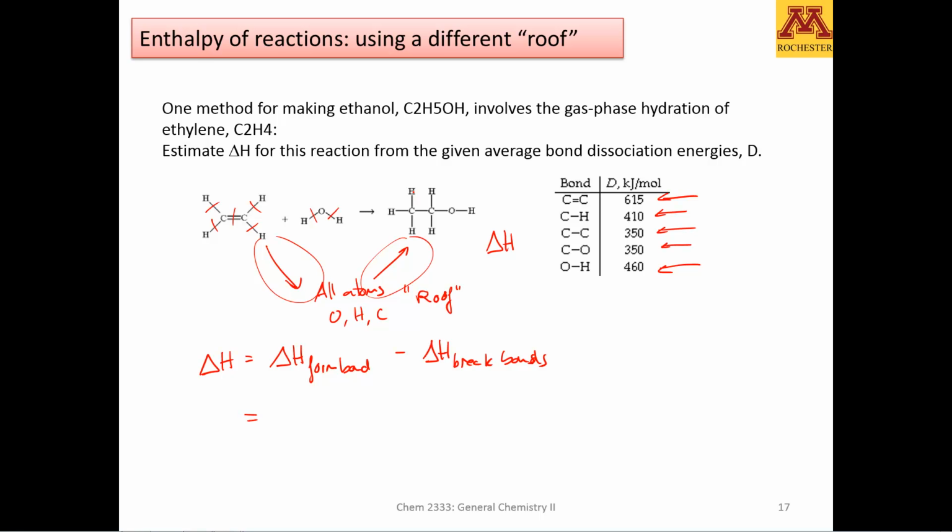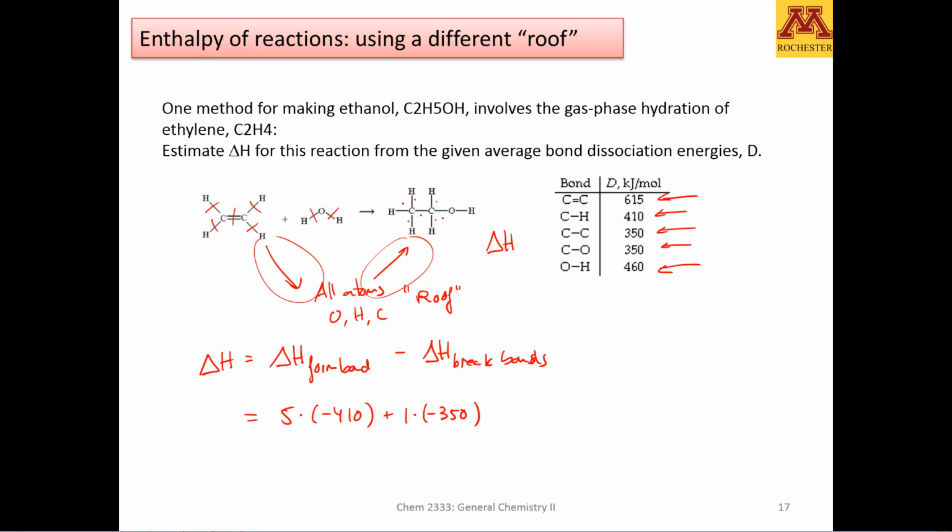How many carbon-hydrogen bonds are we forming? We're forming 1, 2, 3, 4, 5. So 5 times, and because we're forming, it'll take the negative. Okay, it gives off energy to form bonds. Now, how many carbon-carbon bonds do we form? We have 1, so this will be 1 times the carbon-carbon, which is 350.